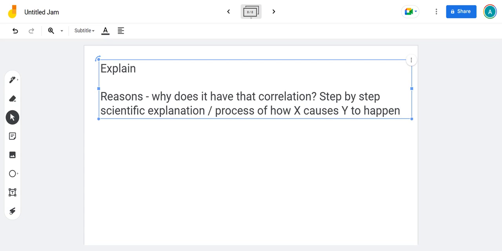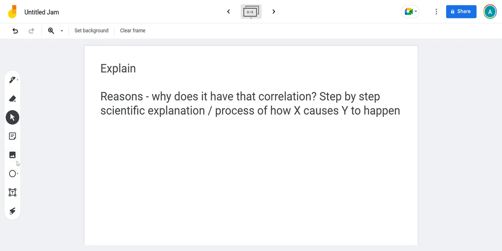If the question asks you to conclude something, let's think about what they want you to talk about. So if they say conclude what the findings of this table or this graph show us, it really wants us to say the answer to the question we set out to investigate, okay, which in every experiment is about changing one variable, the independent, and keeping all the others the same, and seeing what happens to the dependent variable, okay?